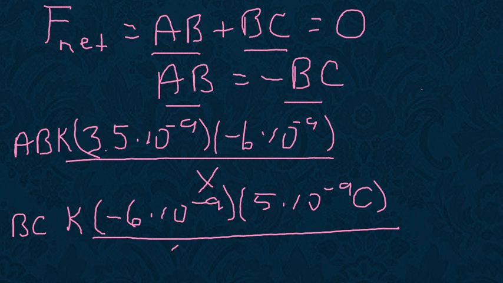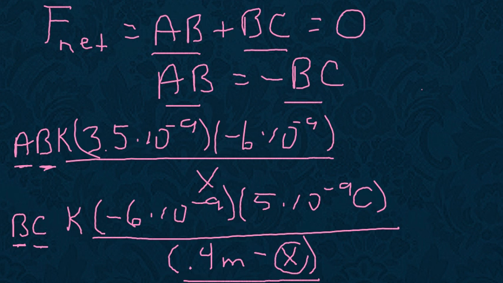But I do know the total span between the particles is 0.4 meters. So 0.4 meters minus the distance between particle A and B would actually equal the distance between particles B and C. So by writing the distance in this fashion, I still only have one variable in my formula for position, and now I'm in a pretty good situation to get this set up.